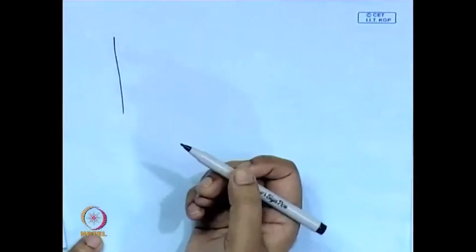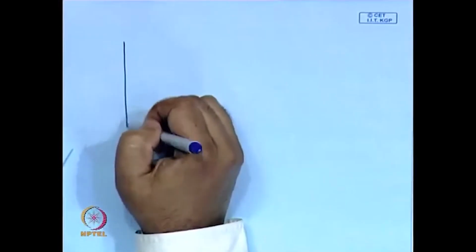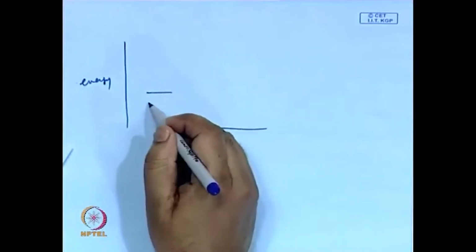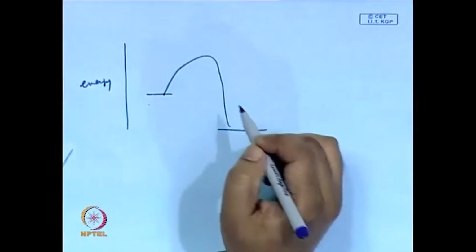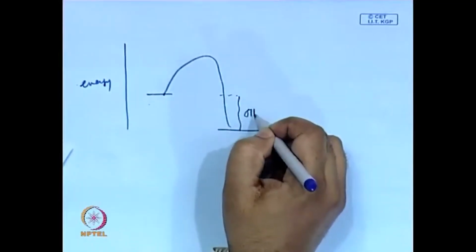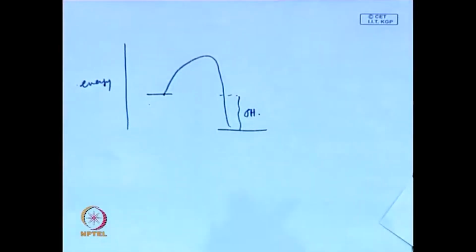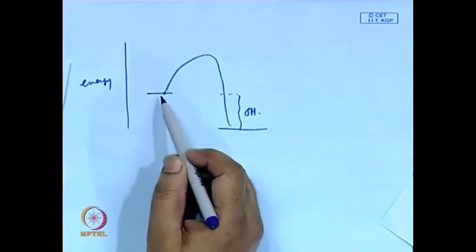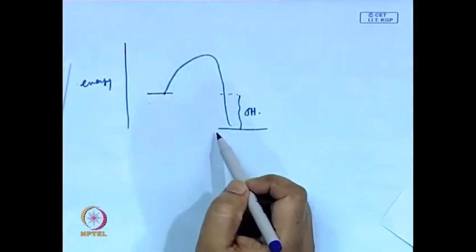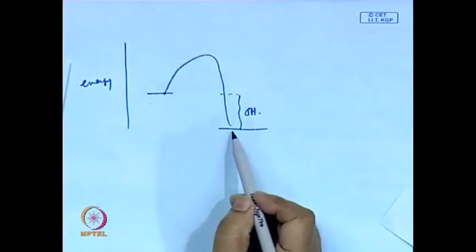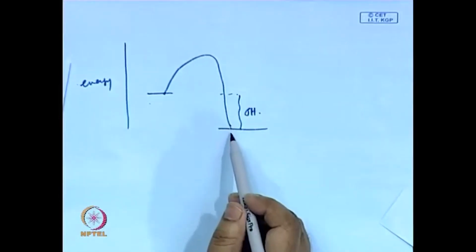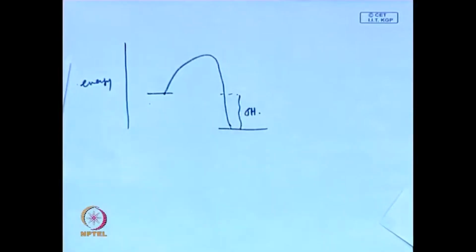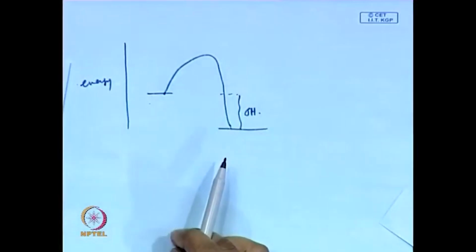So, if I plot energy, and this is your monomer and this is your polymer, this difference is your delta H. Anything which stabilizes the monomer energy will decrease the difference, and anything which increases the energy of the resulting polymer also will reduce the magnitude of delta H.